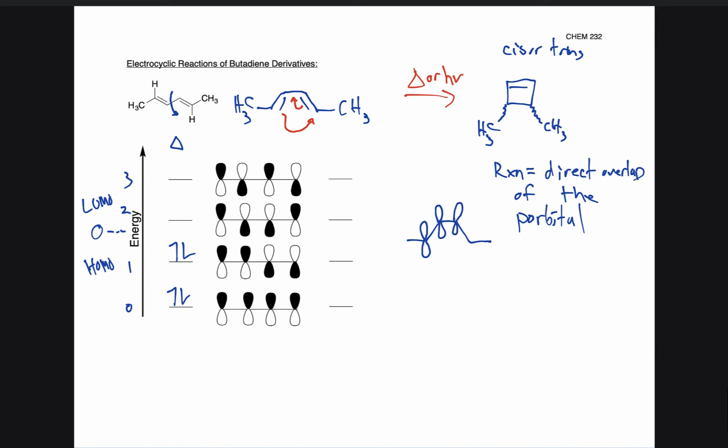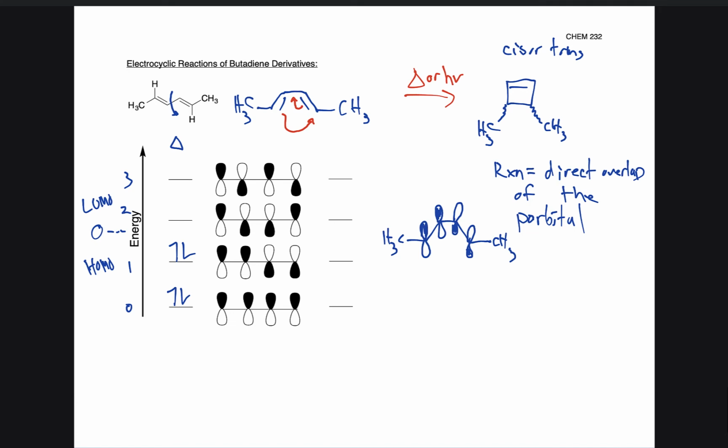We're drawing these molecular orbitals on the actual molecule. We have our 1 node there in the middle. What's happening is we need these orbitals to overlap. These are the ends here, because this is what's closing, where we're getting this hexadiene to close up. So we want to get these orbitals to overlap.